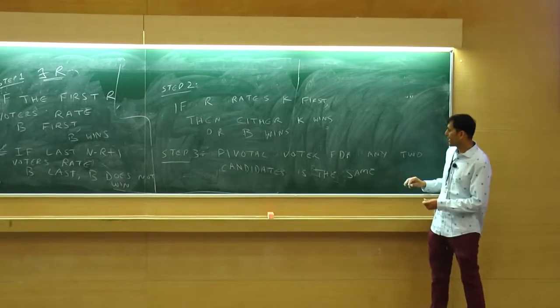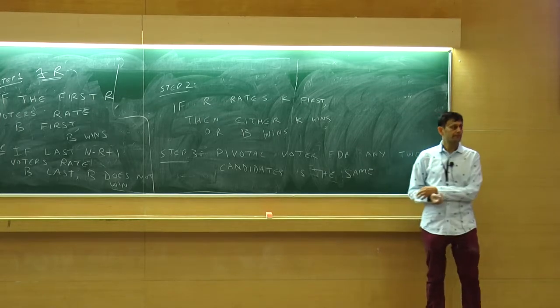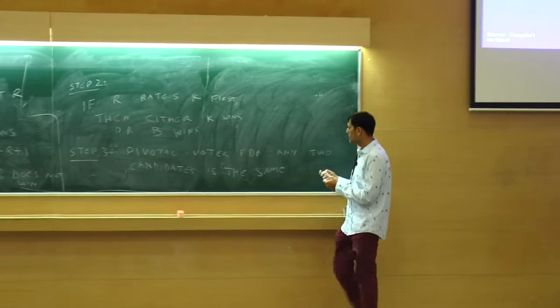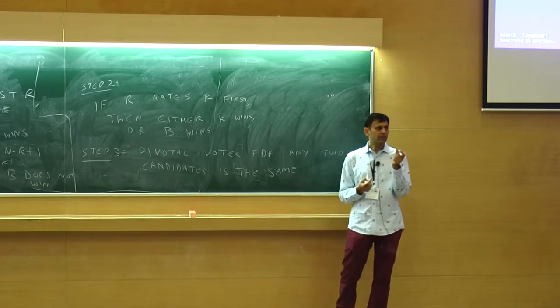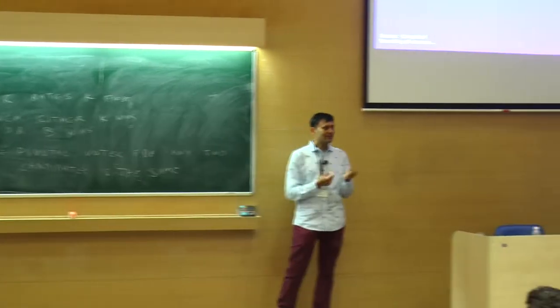And my claim is, as soon as I show that the pivotal voter for any two candidates is the same, then I'm done. Can someone point out why I'm done? There's one more assumption that I should have made, which I didn't make. I have to assume that there are at least 3 candidates. So Gibbard's theorem only applies if you have at least 3 candidates in the election.